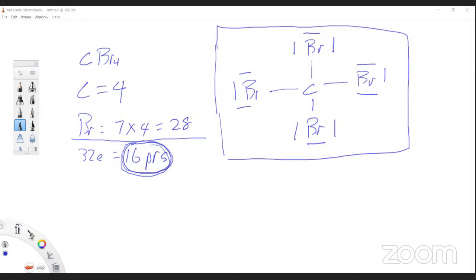Let me write down the formal charge formula here. The formal charge of an atom in a structure is equal to the group number of that atom minus half the number of bonding electrons.